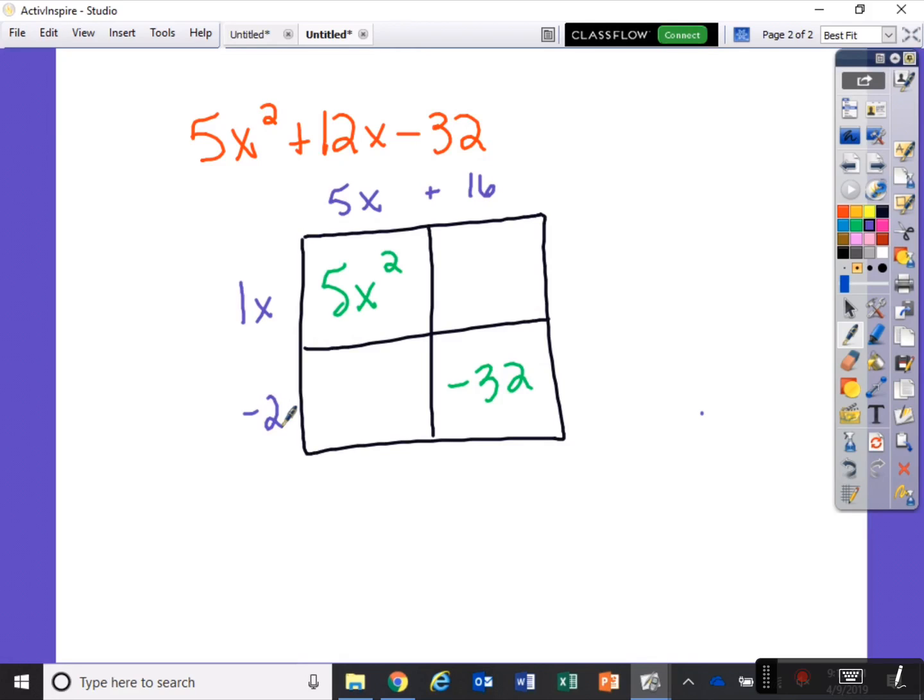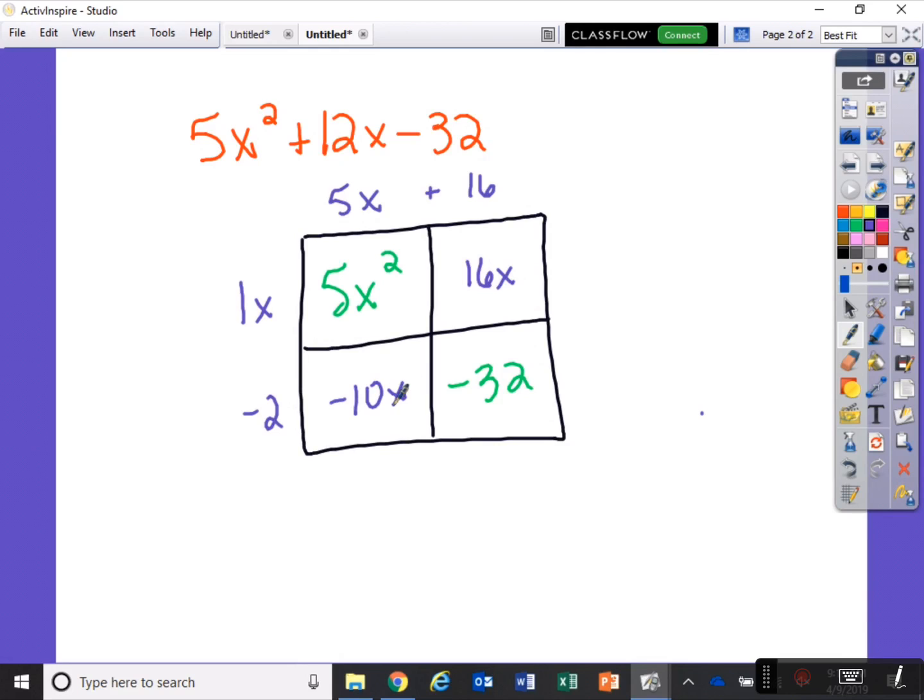Now, let's see what we get in these two boxes and see if it makes this. What would this number be in this box? 16 times 1x is 16x. And what would this one be? Negative 2 times 5x is negative 10x.